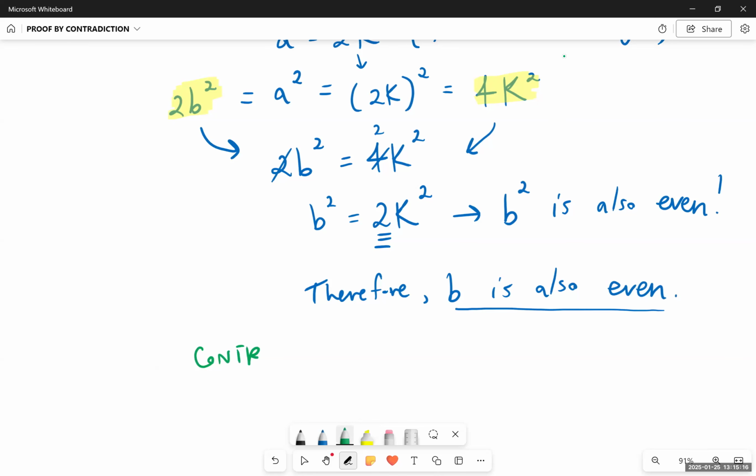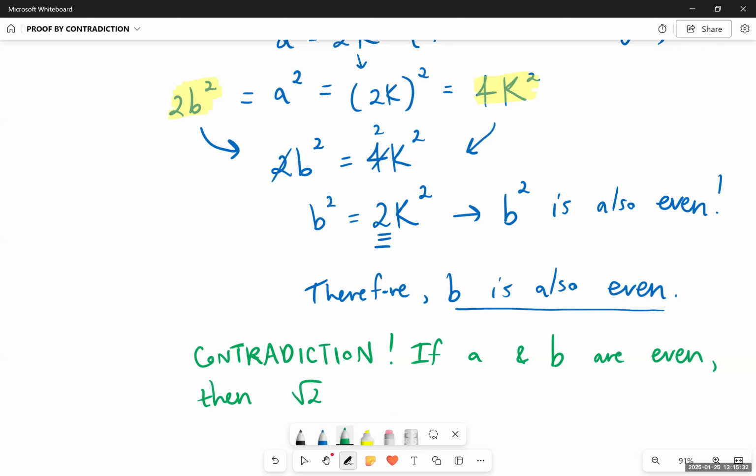Contradiction. Nice and big letters. If a and b are both even, then that original root 2, which was the ratio a over b, is no longer in simplest terms. Whoops. That's okay.